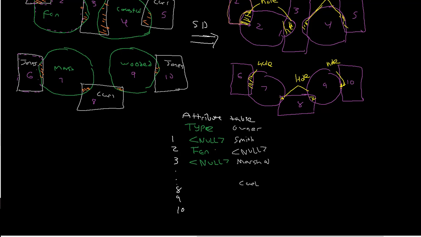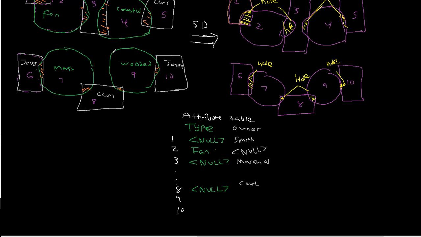For the attribute for type, again, we're ignoring the overlaps here, so it doesn't have one. So it's going to be null. Okay?